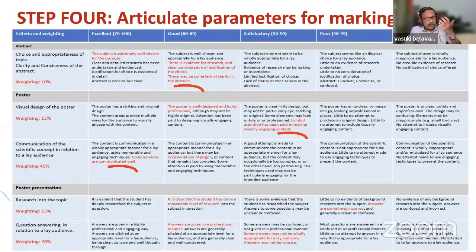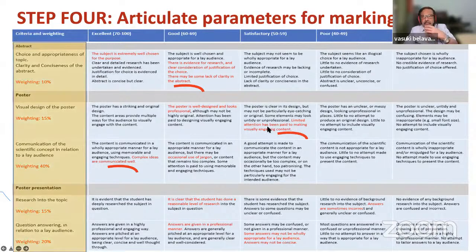The student may still approach you saying, my abstract is good, but I have been given fewer marks. Why is that? It is because your poster is not very clear in its design. So one is able to explain to the student and settle the matter there.